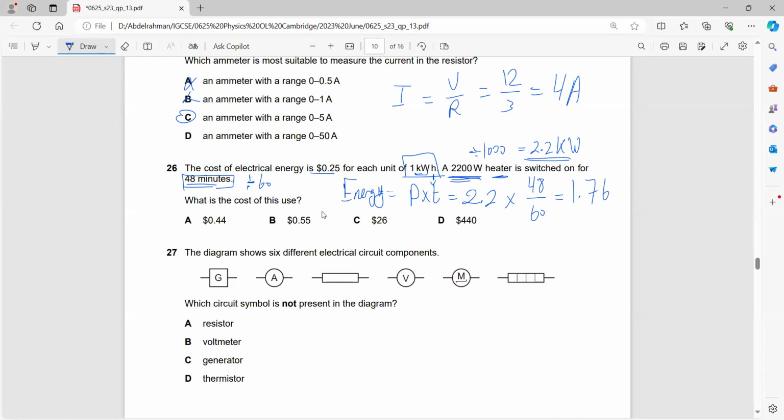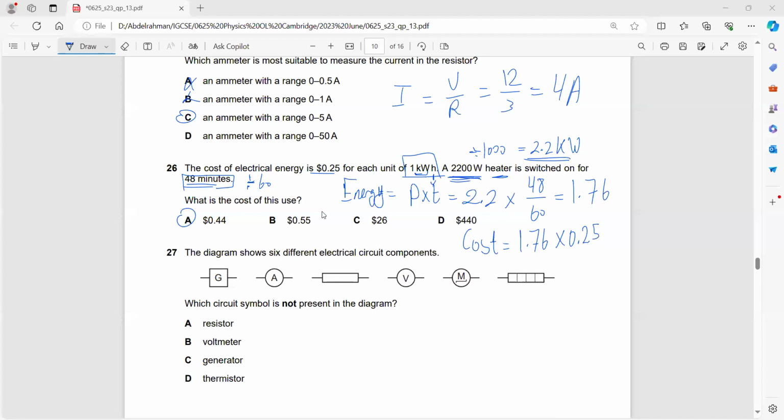Can I find the cost? Yes, simply by multiplying 1.76 times 0.25. The total cost would be 0.44.